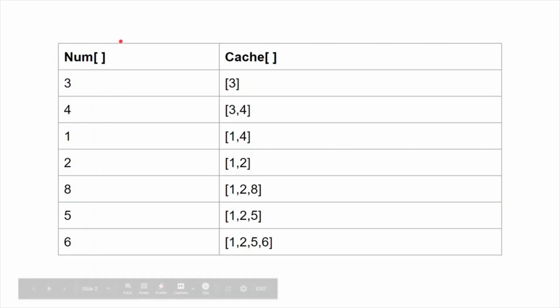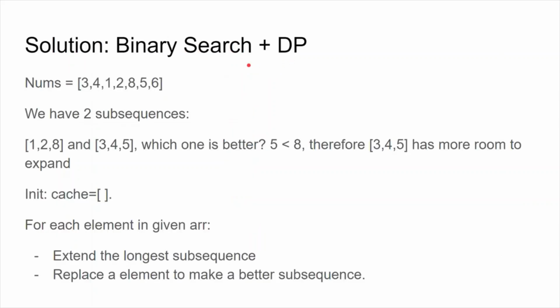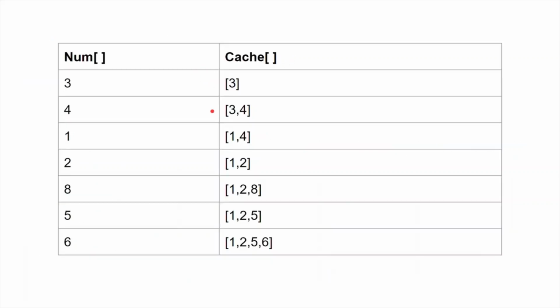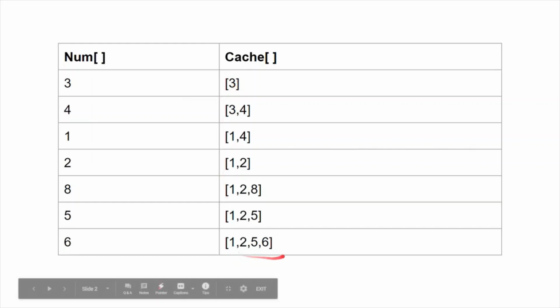We're iterating over each and every element in the nums array, and we have a cache array to cache the longest subsequence, and we're trying to build the longest subsequence in this cache array, right?